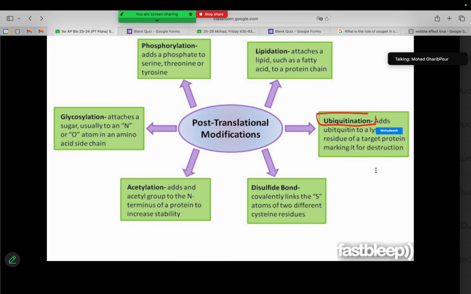So anything that has ubiquitin, the cell recognizes as garbage and it starts to destroy it. A disulfide bond is when you get sulfides bonding each other from different amino acids. So this can be tertiary structure.